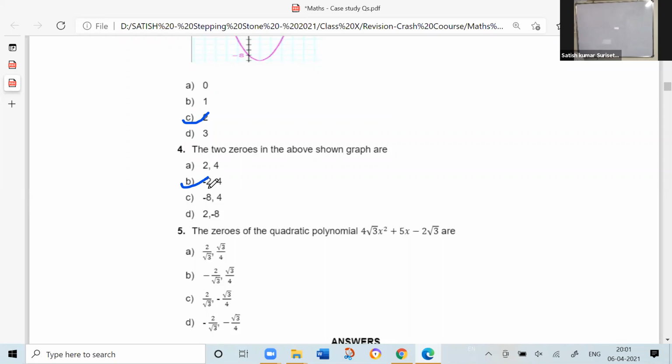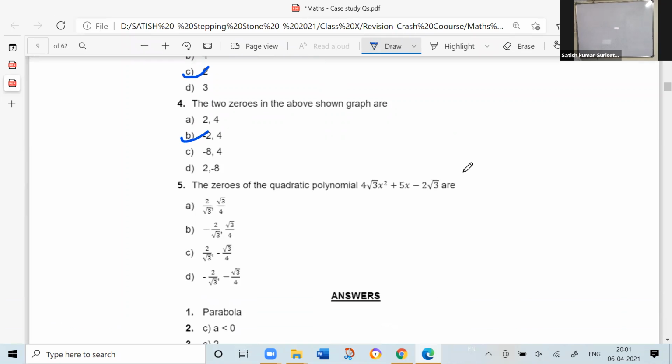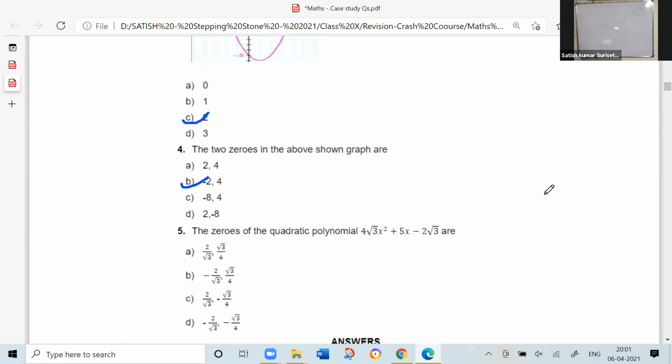Otherwise, verify from the options, because you know the formula for sum of zeros and product of zeros. So which option?